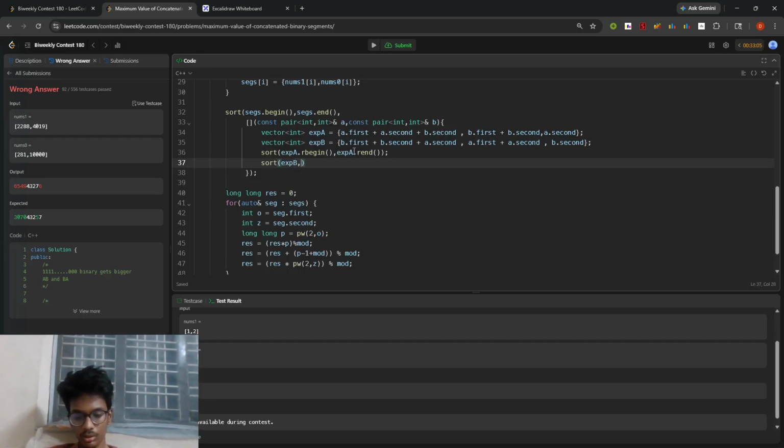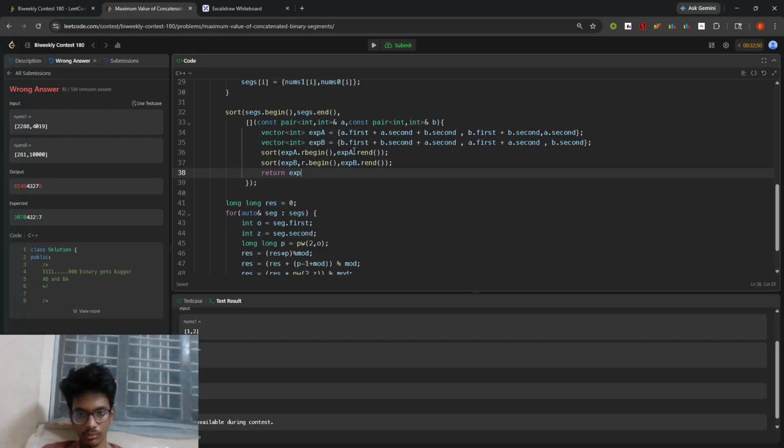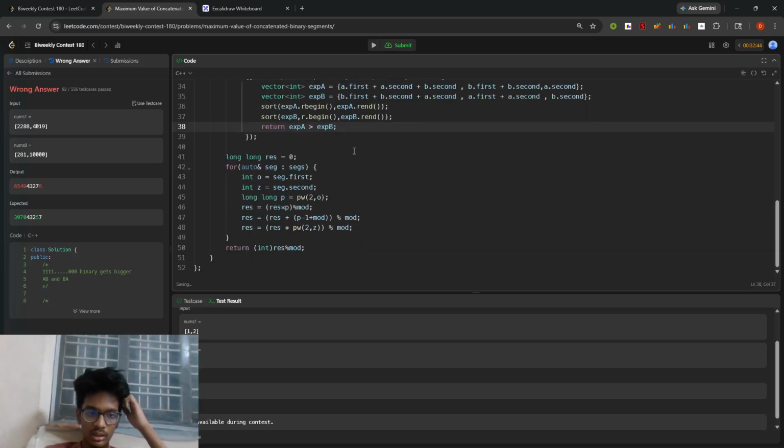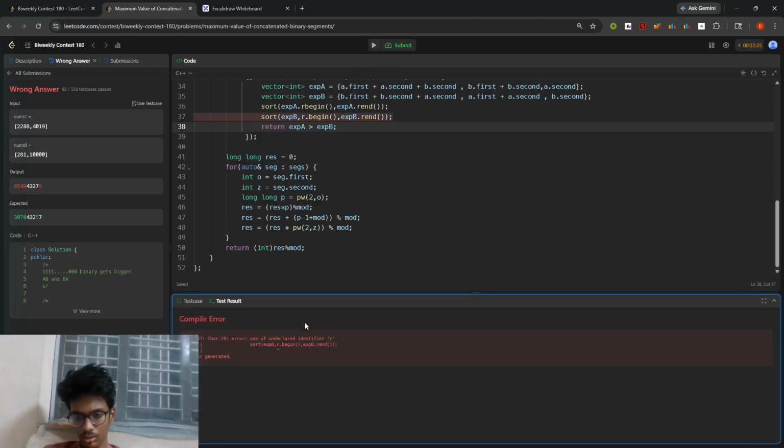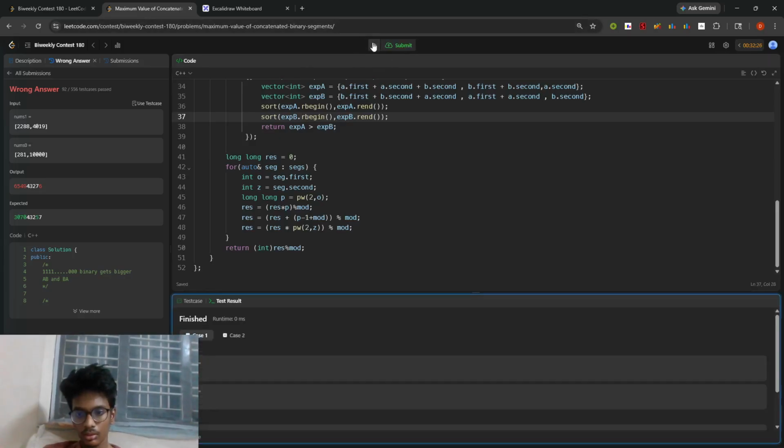Also expression B. Okay, that's it, and the rest of the things aren't supposed to change. Hope this also works. What am I typing? What am I even typing? Done. 14, 120, yeah.